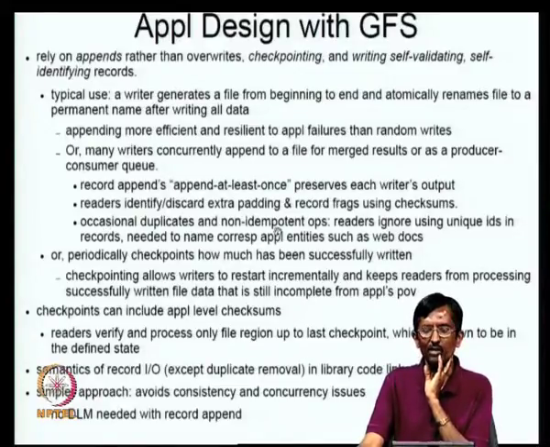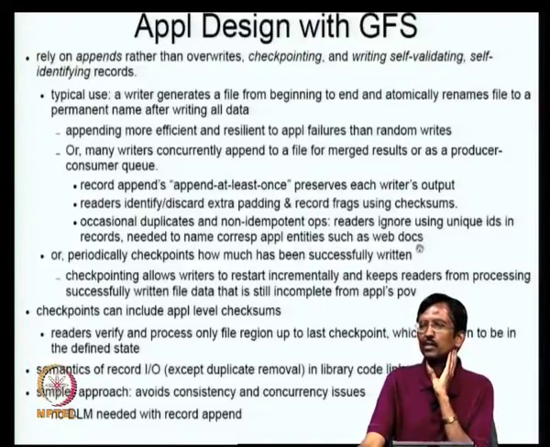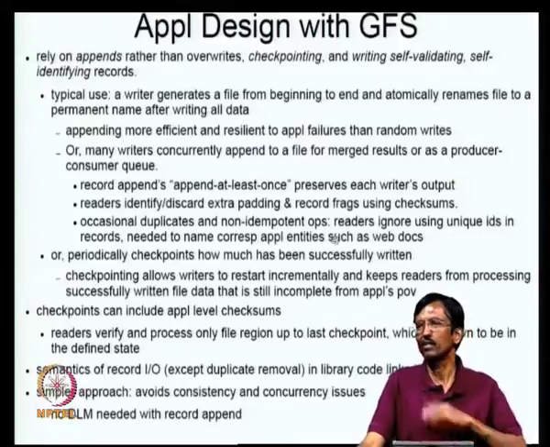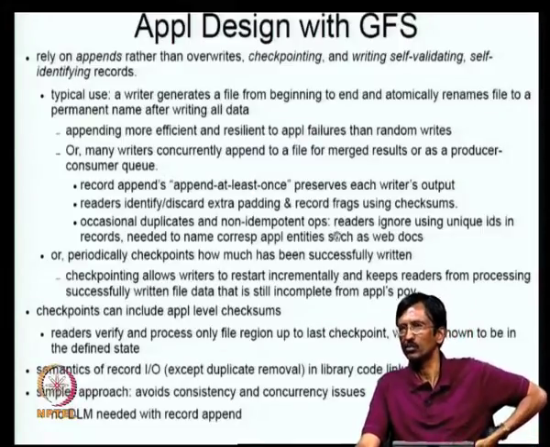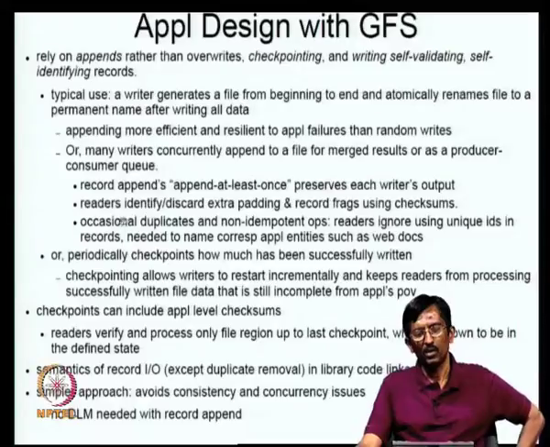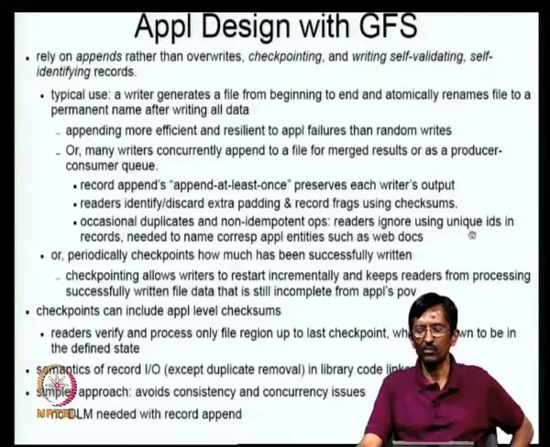For occasional duplicates and non-idempotent operations, readers ignore them using unique IDs in records, which are needed to name the corresponding application entities, for example a web document. So this is an example of an application-driven file system. If you want to detect duplicates, there are unique IDs in records, and these are connected with application-level entities like web documents.